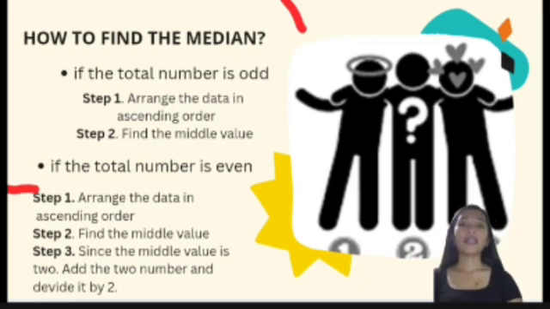Second, find the middle value. And if the total number is even, same: arrange the data in ascending order, find the middle values. Since there are two middle values, we have to add those two middle numbers and then divide by 2.